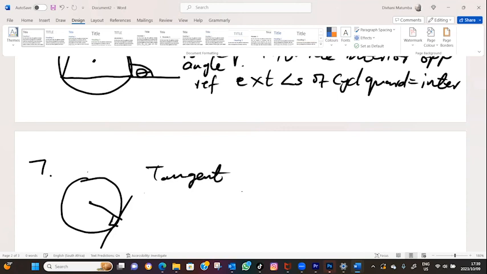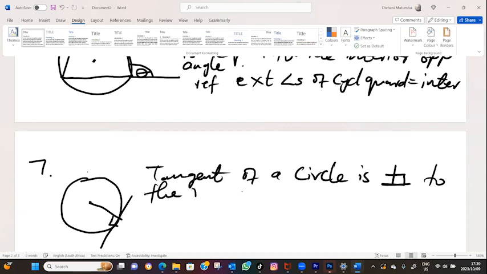Tangent of a circle is perpendicular to the radius at the point of contact.